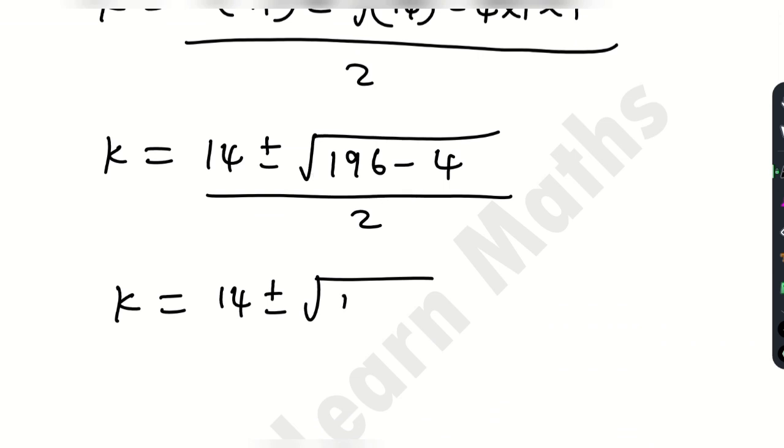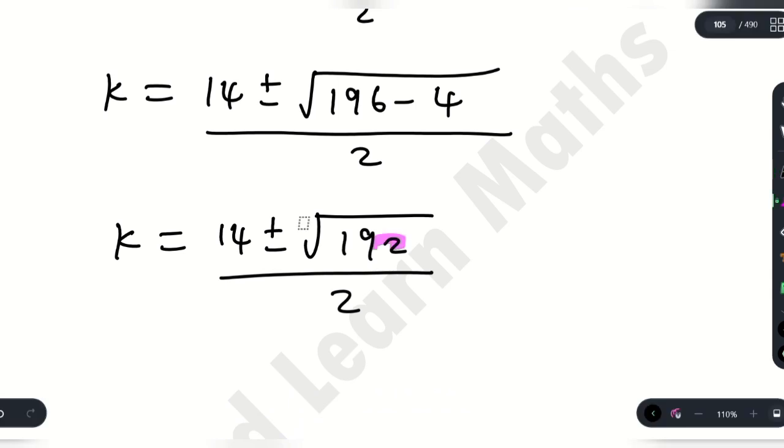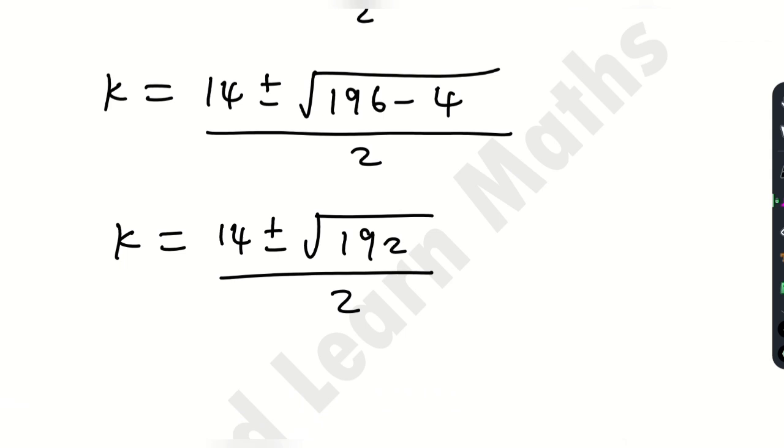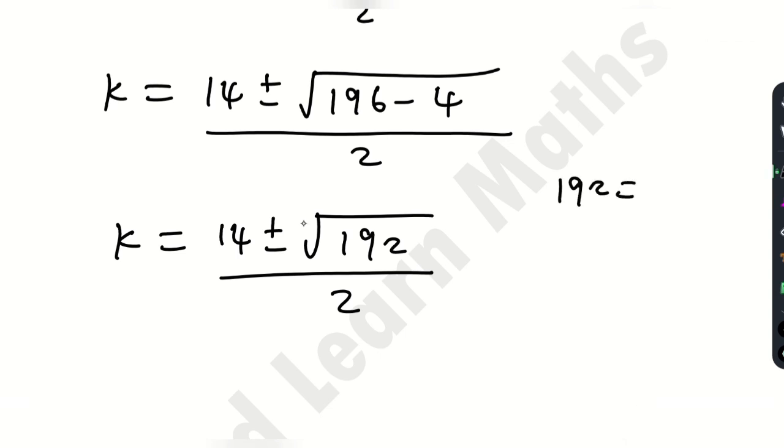Isn't that 192? All divided by 2. But it looks to me that I can simplify 192. I can express 192 as the product of two numbers in which one of the numbers will be a perfect square. And 192 is equal to 64 times 3. Notice 64 is a perfect square.